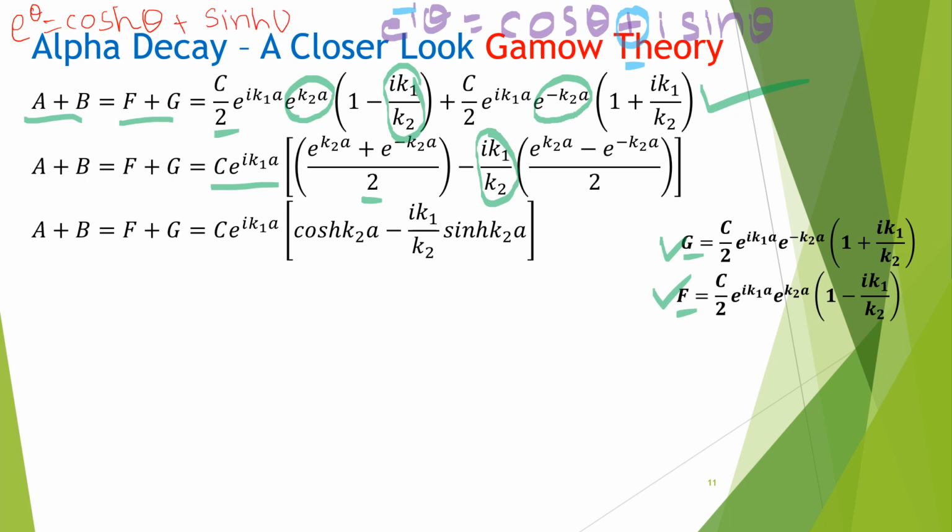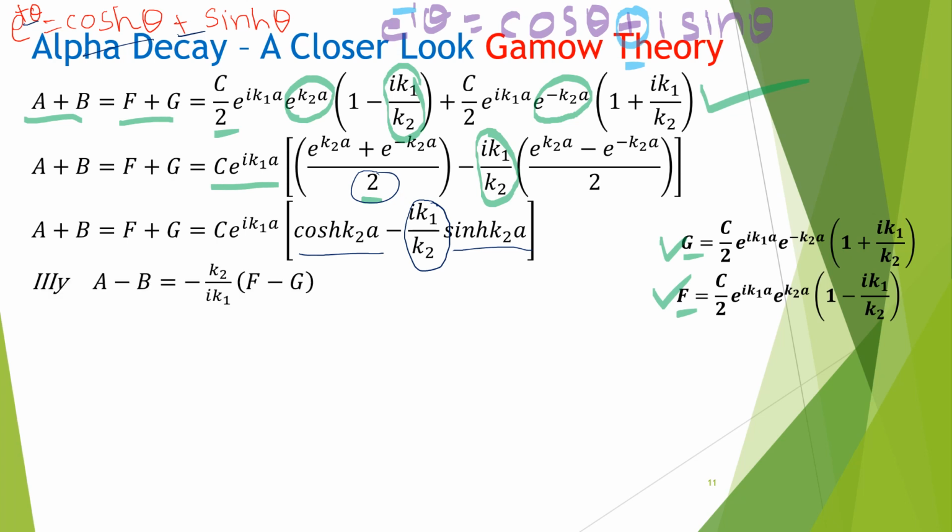This is for plus, and for minus you can introduce a minus sign. So you can add these two terms together for twice cos, and that coefficient can be plugged here. So this is cos of k2a, and this is sinh of k2a, and the factor with sinh is I upon k1 upon k2 with a minus sign.